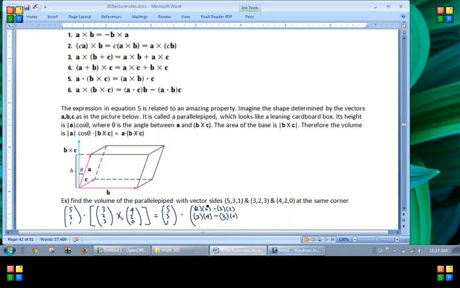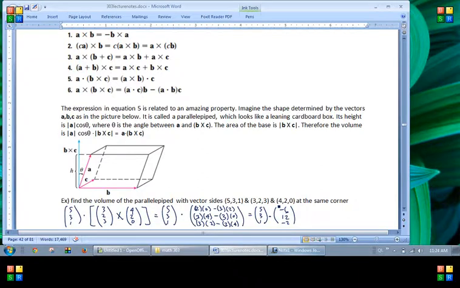And the third component will be 3 times 2 minus 2 times 4. So you've got to work that whole thing out. You get minus 6, and you get 12, and then you get 6 minus 8, so negative 2. So you work the whole cross product out, and you get that.